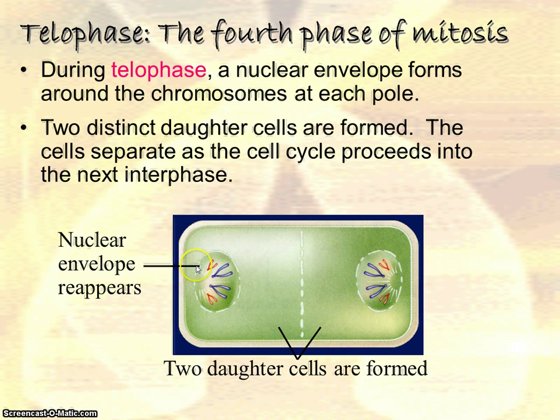So you get these nuclear envelopes surrounding the chromosomes on the opposite sides of the cell. We'll call these daughter cells because they're going to be exact copies of each other. You'll start noticing that these daughter cells are going to be forming, and then there will be, and we'll get to this later, a condensing of a wall separating here in the middle. So you'll see the two different parts forming in telophase.